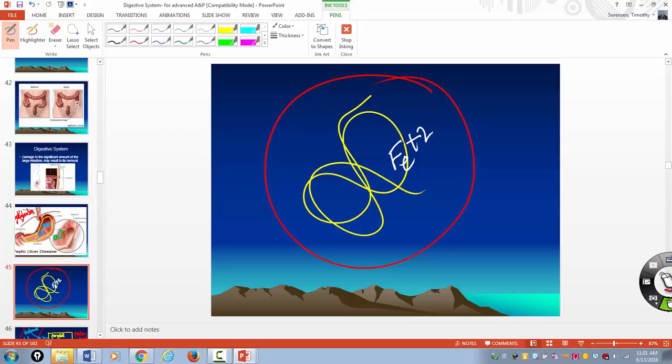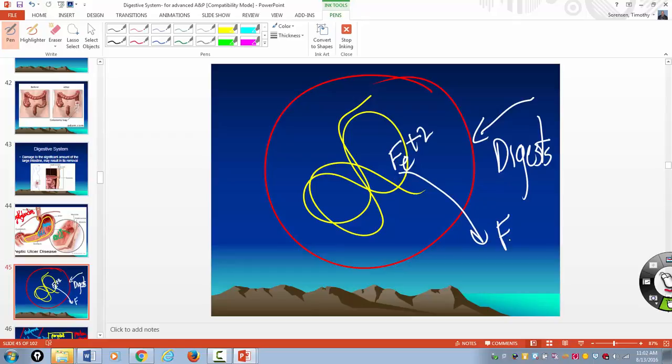So your digestive tract doesn't know that you're bleeding. All it sees is carbs, fat, and protein. So your digestive system will begin to digest the red blood cells. And when you digest the red blood cells and the hemoglobin, you free up the iron.